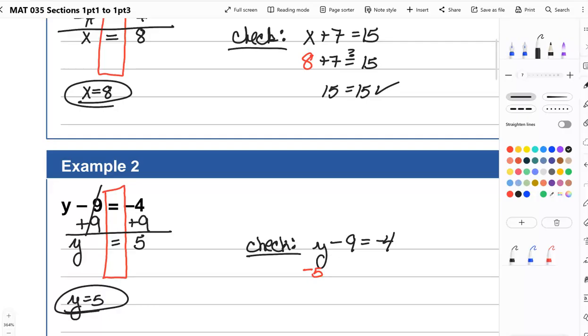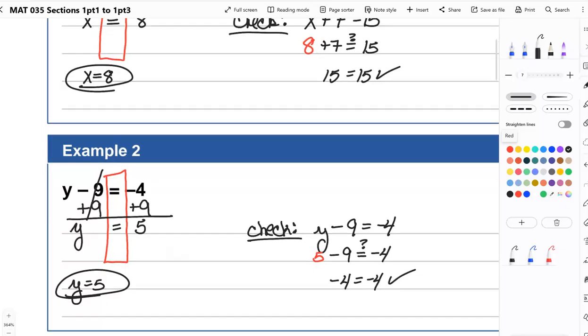Y is positive 5. So is that positive 5 going to give me the proper solution? So let's plug it in. Putting a question mark over the equals because this is what we're asking. Is 5 minus 9 the same thing as negative 4? And it is, so we know we have the right answer.